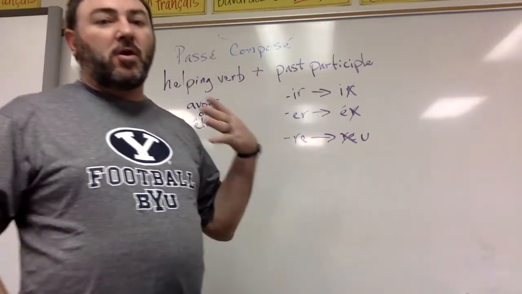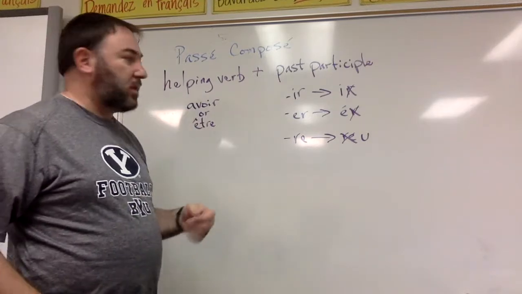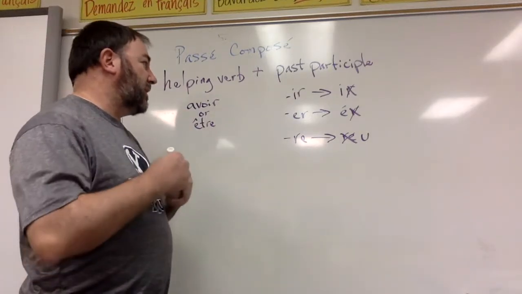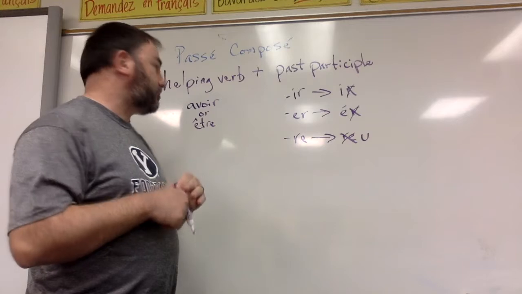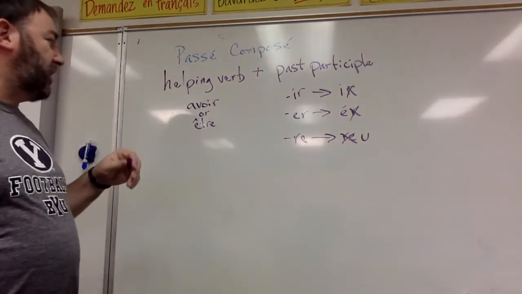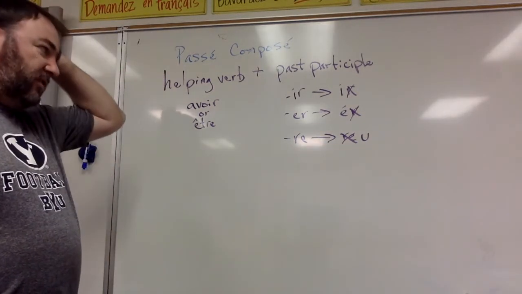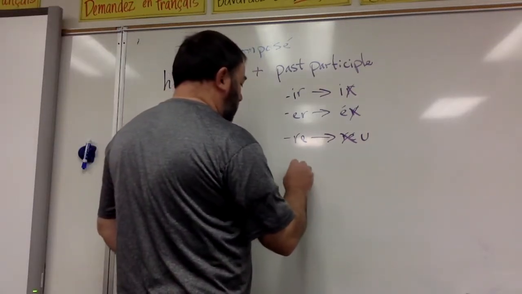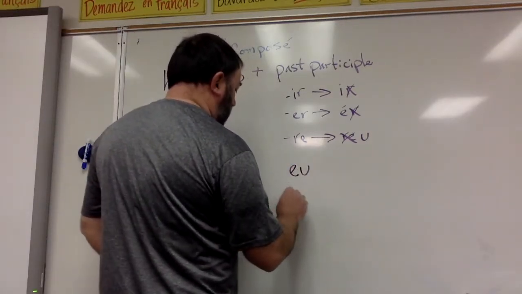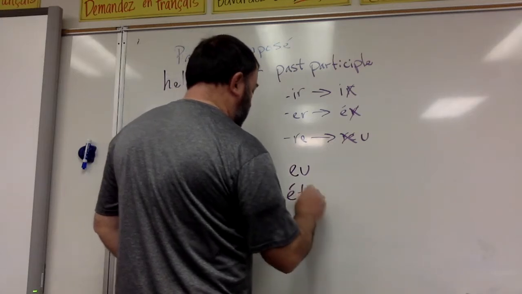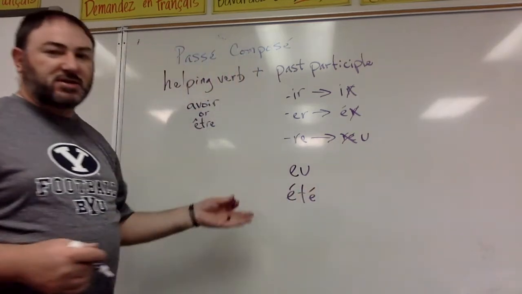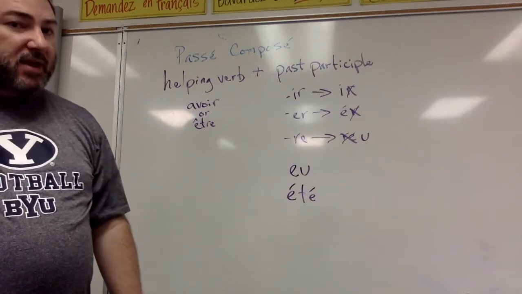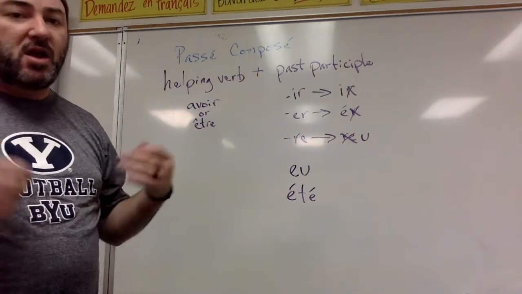Now again, this is for all regular verbs that end like this. Now for these two specific verbs, they have different past participles. For avoir, it is eu, and for être, it is été. Yes, that looks just like the word for summer, but that is the past participle for être.